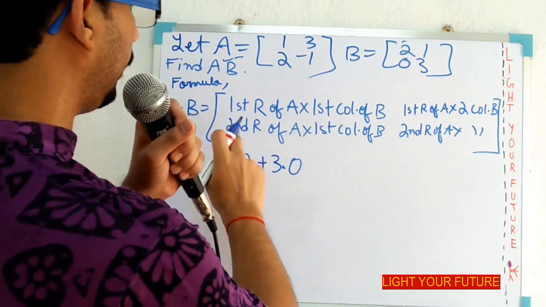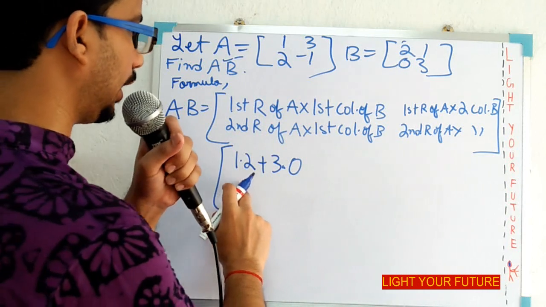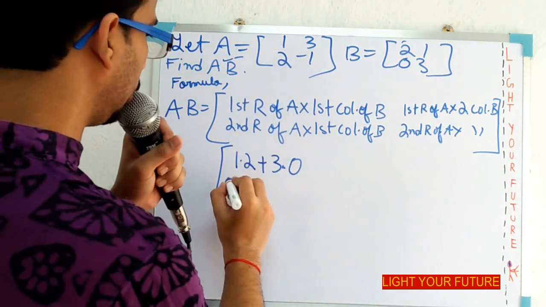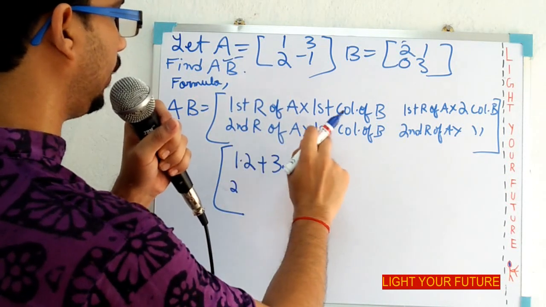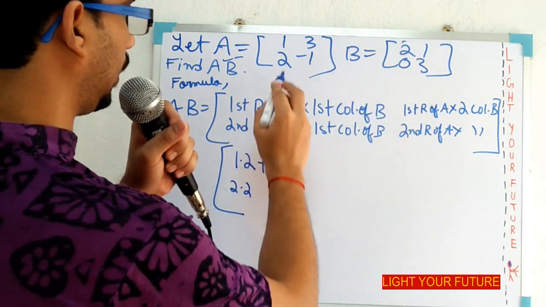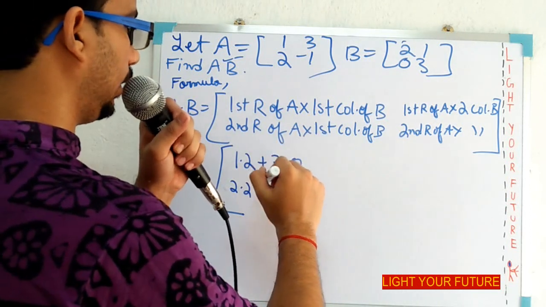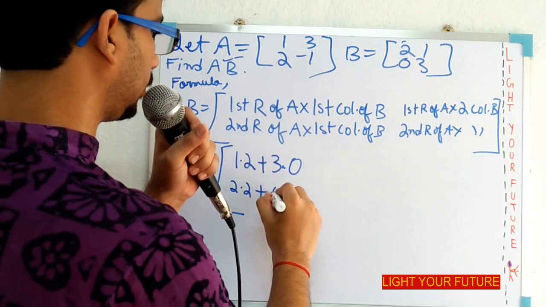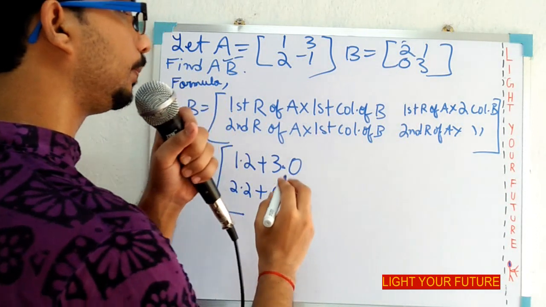So we have got first row of A and first column of B. Similarly, second row of A. Second row of A is 2 and minus 1. So we will take this 2 over here and first column of B, 2 from here. And then we will put the plus sign and we will again take the second row of A, that is minus 1, and we will multiply it with 0.